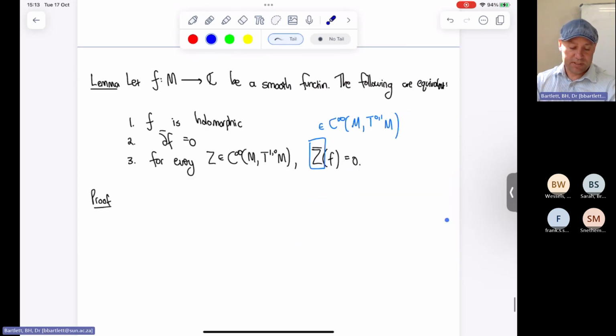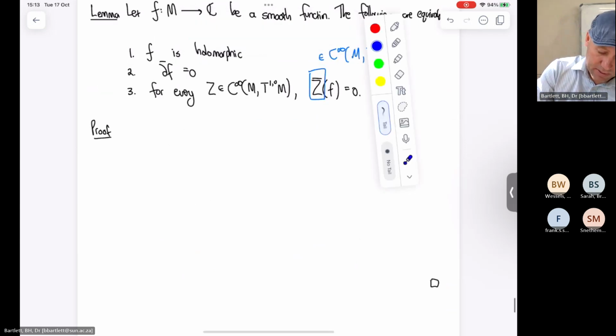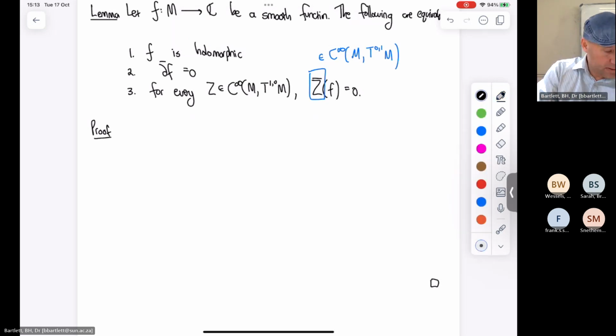So let's prove this. Okay, so let's prove that 1 is the same as 2.